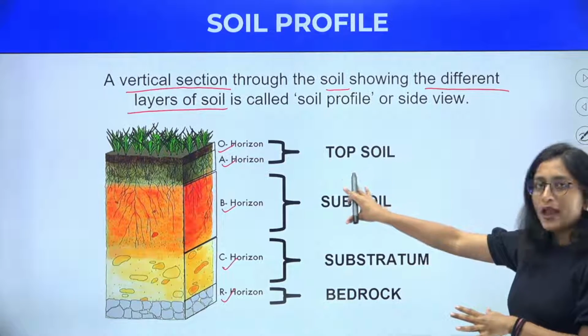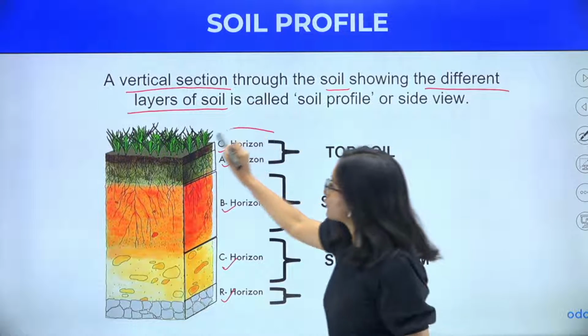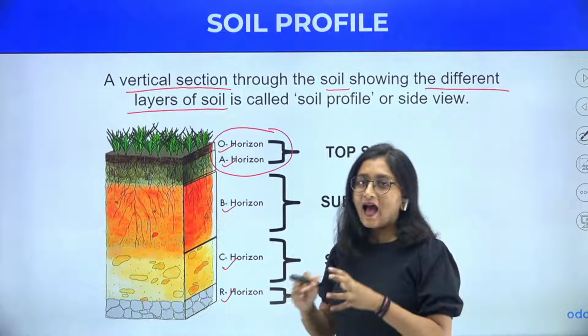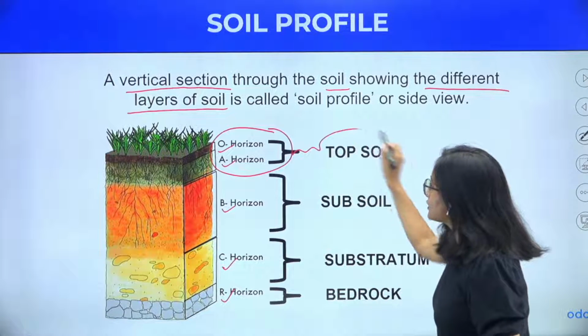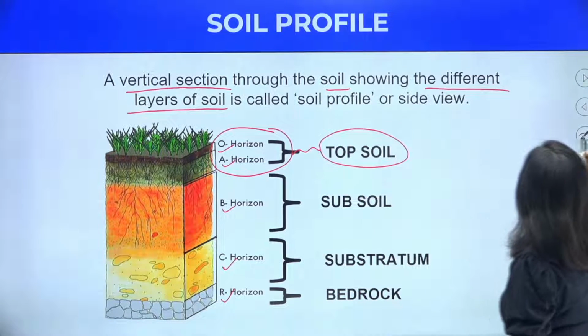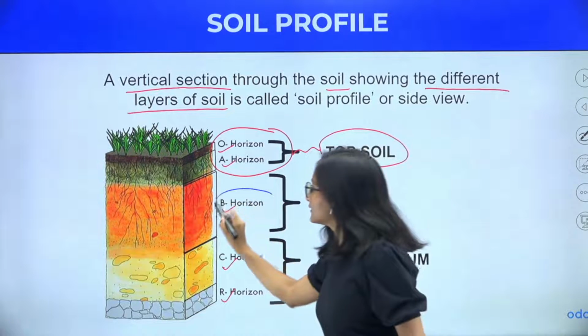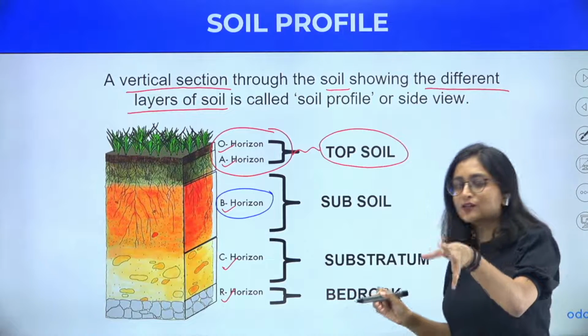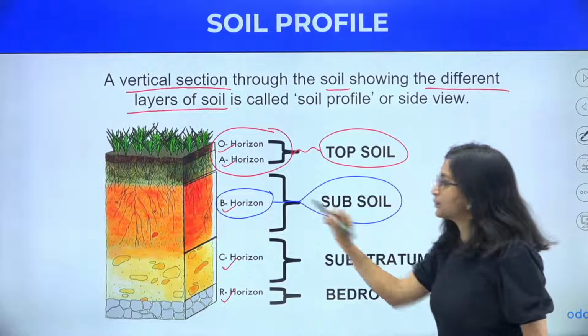So O and A, they bind together. Like if you find out the topsoil, you will get the O horizon and the A horizon. Now these both are regarded as topsoil. Now referring to the second one, we do have the B horizon. We call it subsoil.